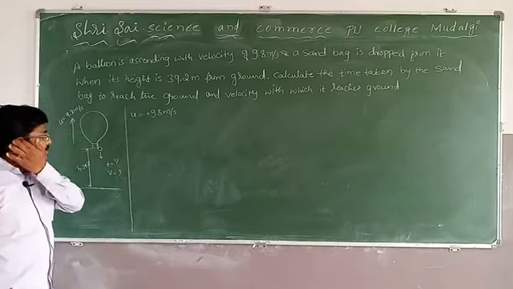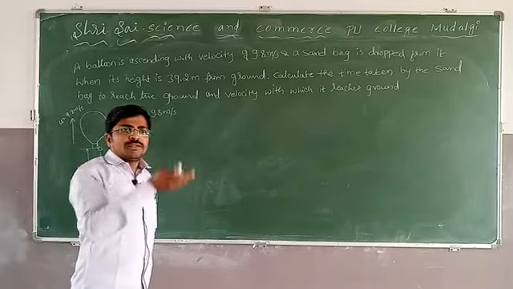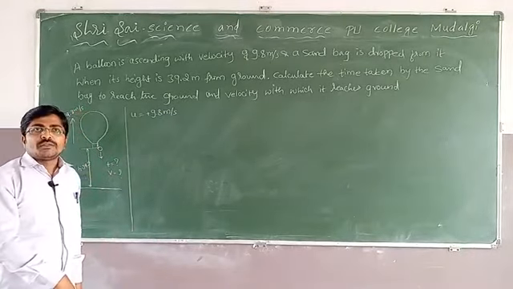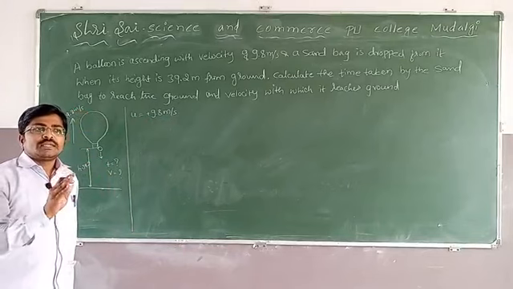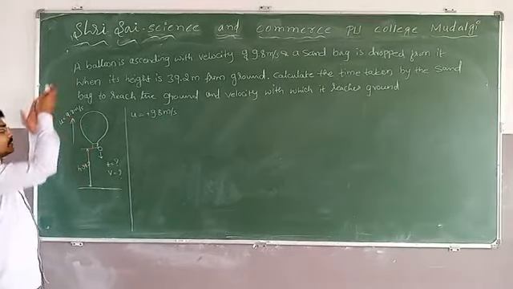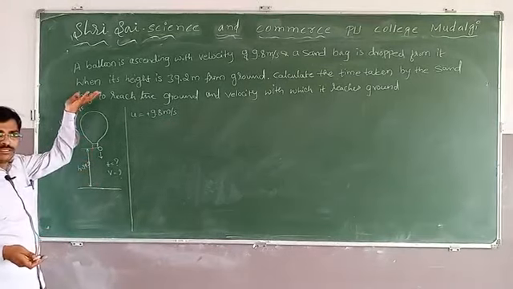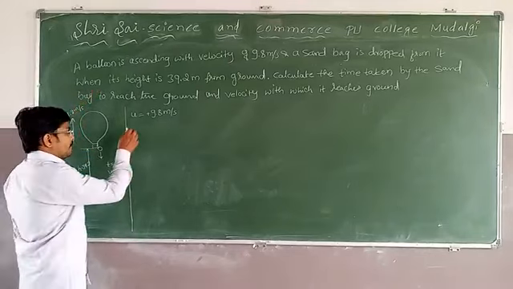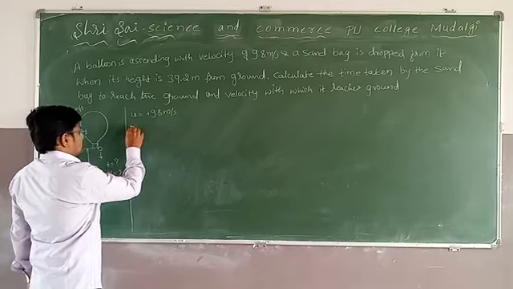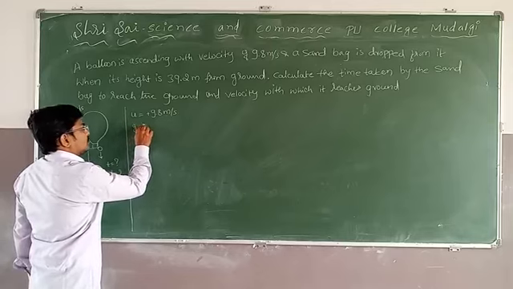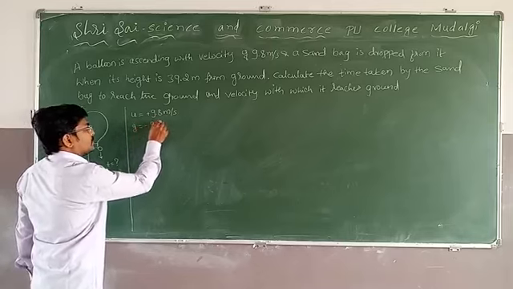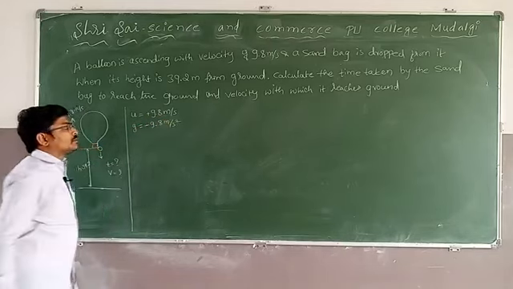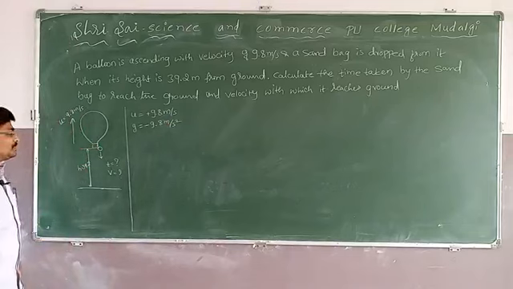If the velocities are in the upward direction, they are positive, and if the motion is in the downward direction, velocities are taken as negative. Now our balloon is rising in the upward direction, therefore the velocity is taken as plus. And g is minus 9.8 meter per second square. Minus g is always negative, no problem.